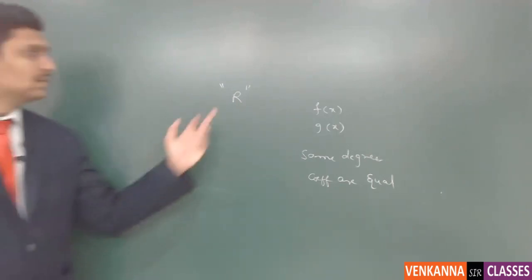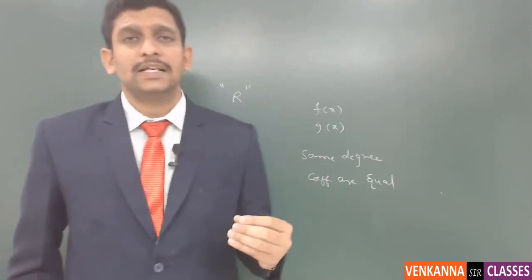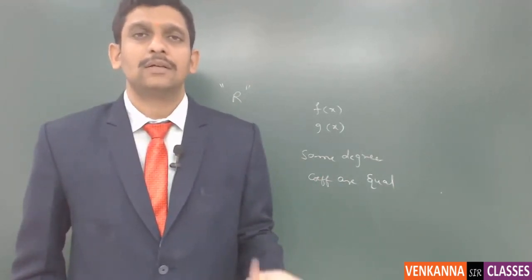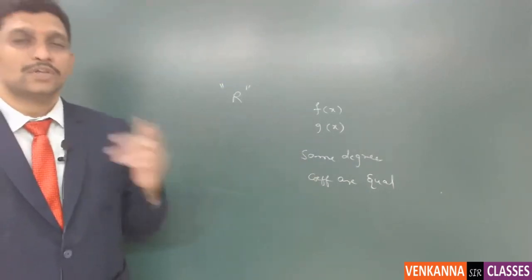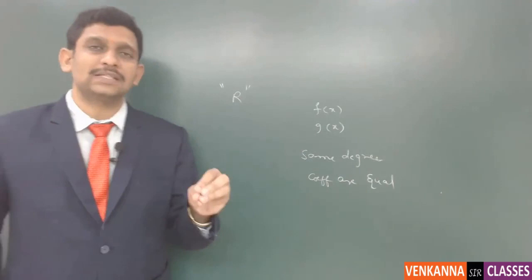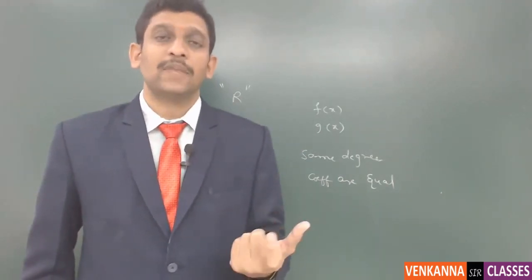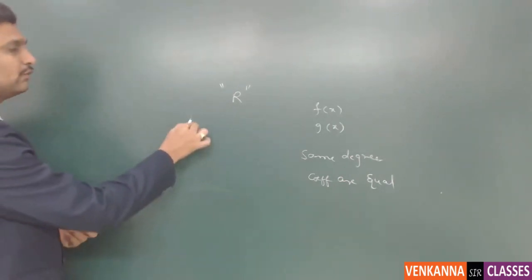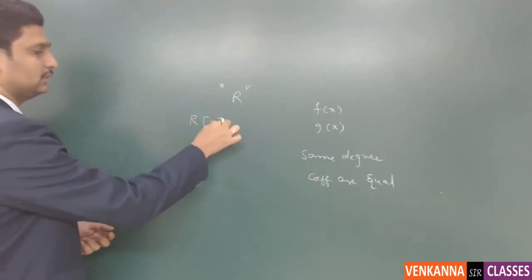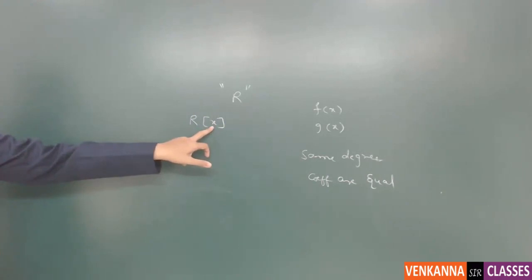Now, since we are talking about a ring, we can consider any kind of polynomial where the coefficients are extracted from the ring. All these polynomials together, if you consider them as a set, become a ring again. Symbolically, we write it as R of x, where x is the indeterminate. We mention this with square brackets.